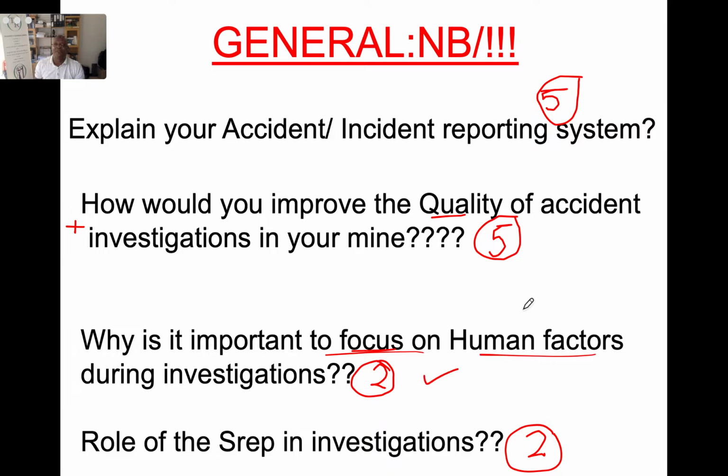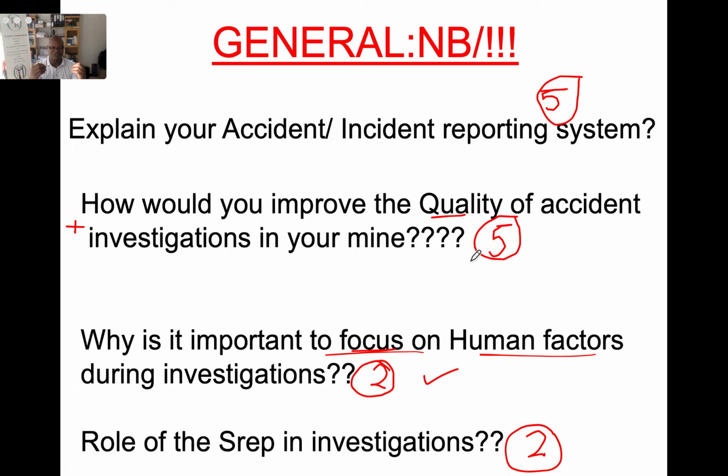Why is it important to focus on human factors during investigations? This we've already touched on in the previous day's lessons, where we were comparing planned task observations and inspections.